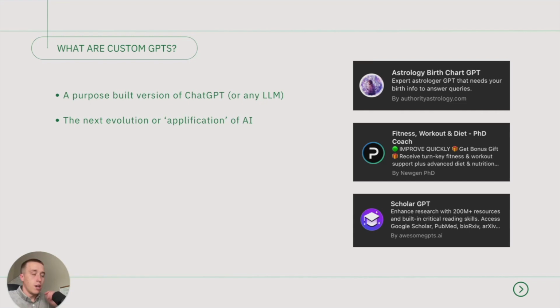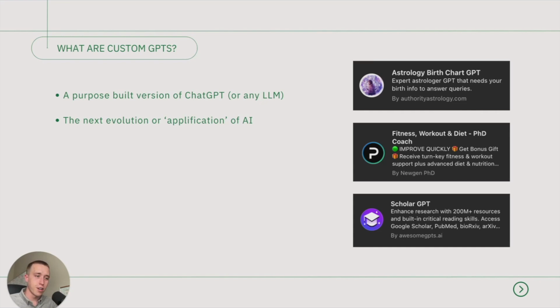So custom GPTs are that next evolution. Right now we're in the general large language model, broad tool phase. The next evolution is purpose-built AI agents, as you may have heard them called, or custom GPTs, that are built to do very specific tasks extremely well. I personally believe that every business is going to have their own custom GPTs or AI agents that are trained to match their unique workflows and processes.